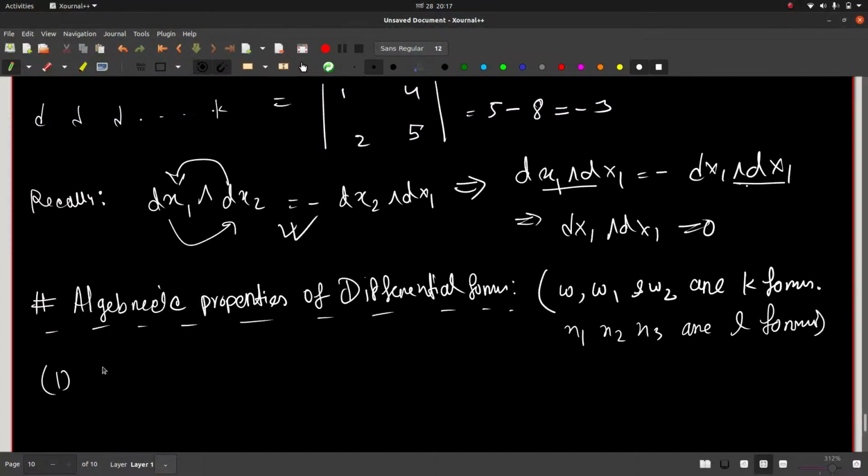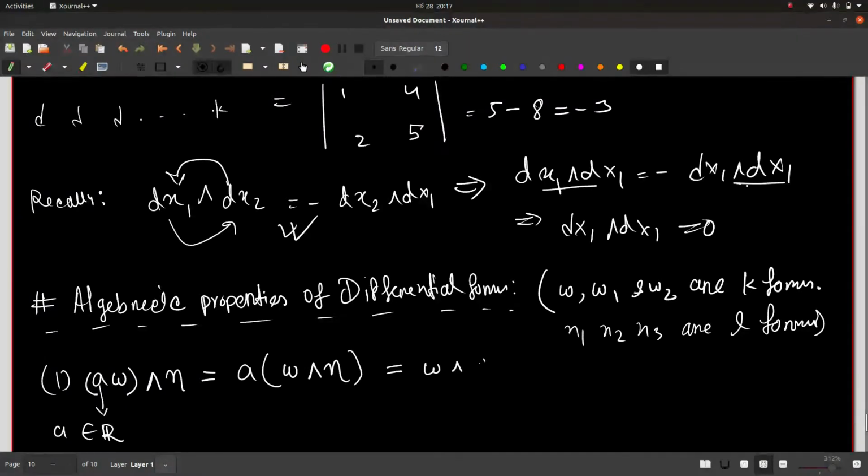The first one is that for a scalar a belonging to the real numbers, a times omega, where omega is a k form, wedged with eta will simply give you a times omega wedged with eta, and this is also equal to omega wedge a eta.